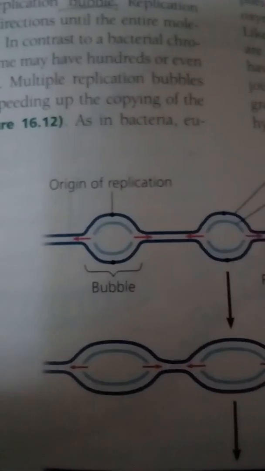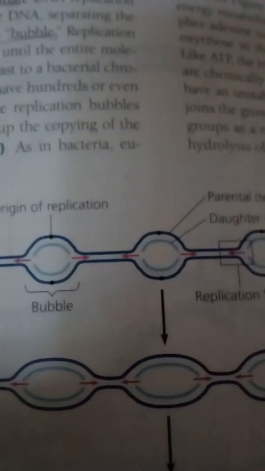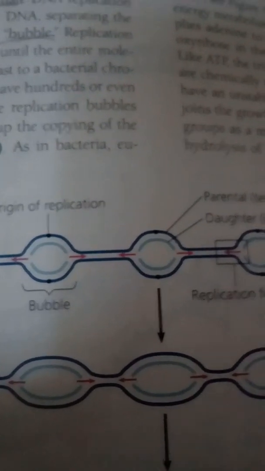Proteins that initiate DNA replication recognize this sequence and attach to the DNA, separating the two strands and opening up a replication bubble. Replication of DNA then proceeds in both directions until the entire molecule is copied.